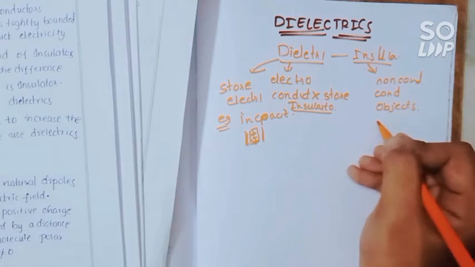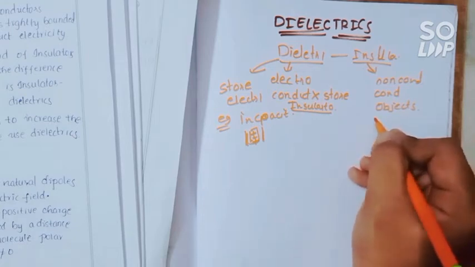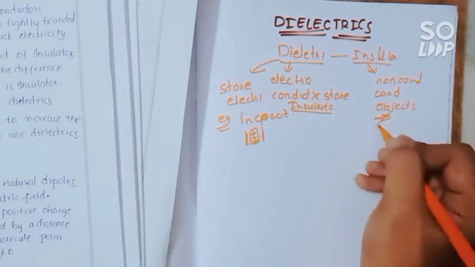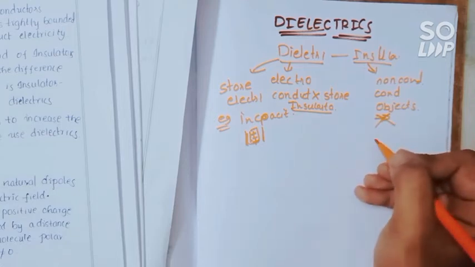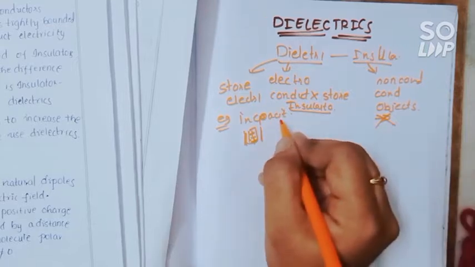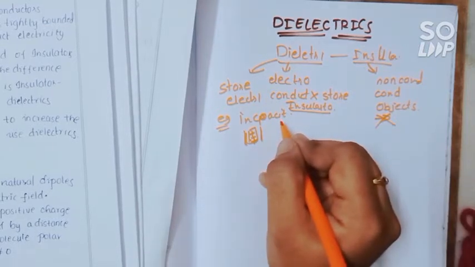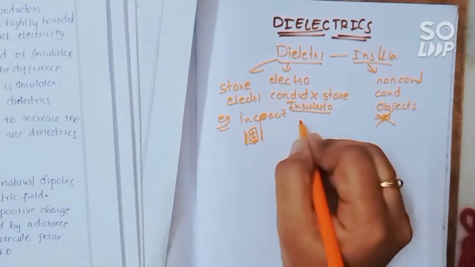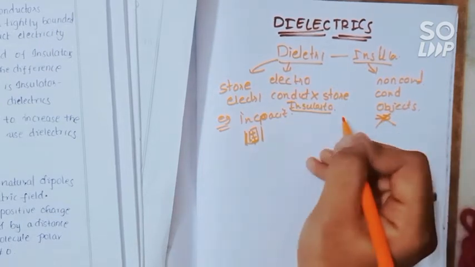Here it doesn't allow the current to flow through it, and it stops the current at the initial stage, whereas a dielectric will allow charge storage in the capacitor but does not conduct the electricity. That's the difference between the insulator and the dielectric we need to know about.